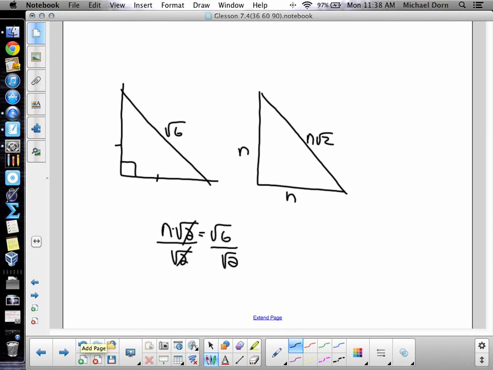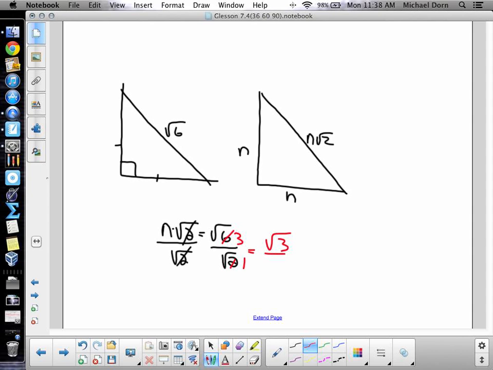Now, remember our pattern: whenever I get a square root in the denominator, we do 3 steps. I reduce, I rationalize, and then I reduce again. But if at any point I'm done with having a square root in the denominator, I can quit. So, root 6 over root 2, can I reduce that? Yeah, they're both under a radical, so the 6 over 2 becomes a 3 over 1.